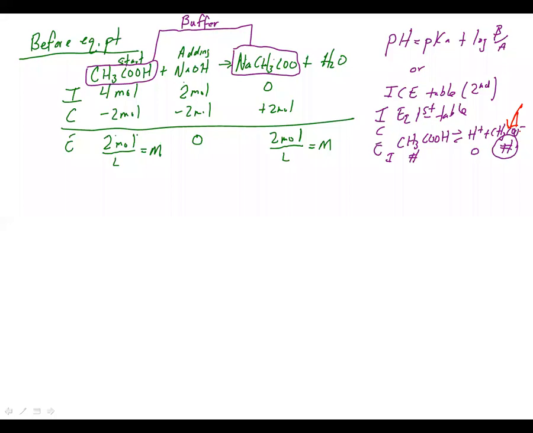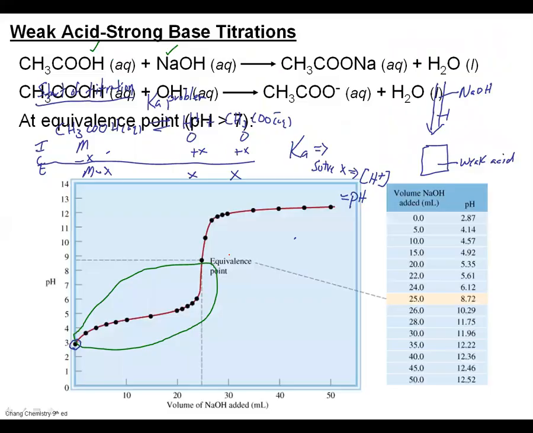So when you start this type of titration to the equivalence point, it requires at least one ICE table. Anywhere in this green circle up to the equivalence point, it's going to require you to do at least one ICE table. Again, the purpose of that ICE table is really to find the concentrations of your buffer, because you will be left with a buffer at this point, no matter what combination you put together of a weak acid and strong base.